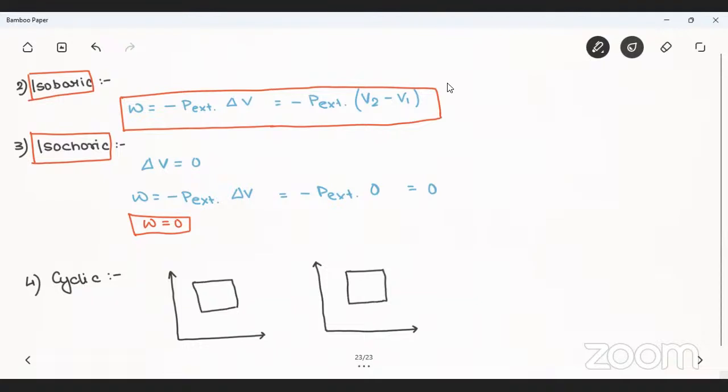Yesterday, I told you what a cyclic process is, right? So for the cyclic process, work done is equal to plus or minus the area enclosed by the graph.